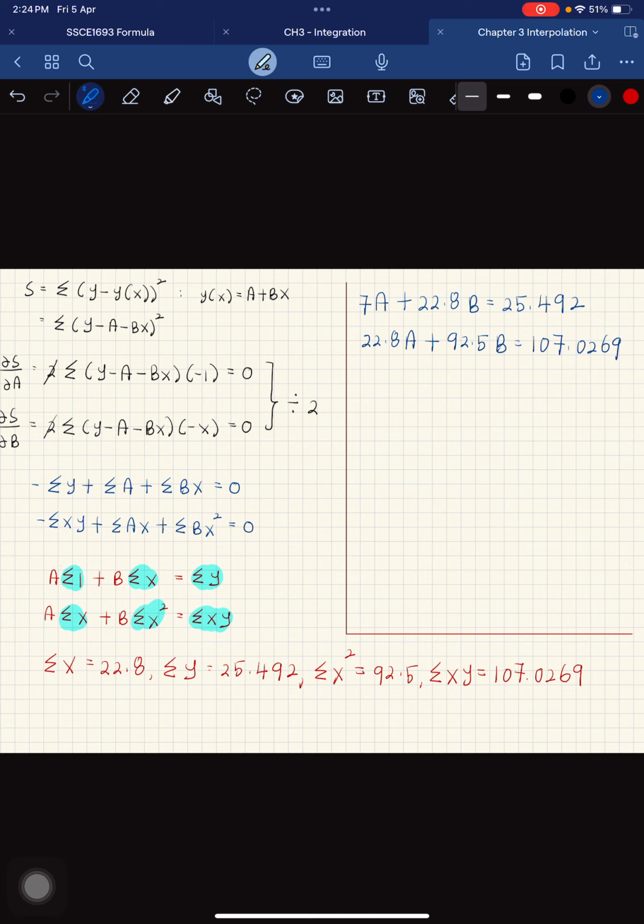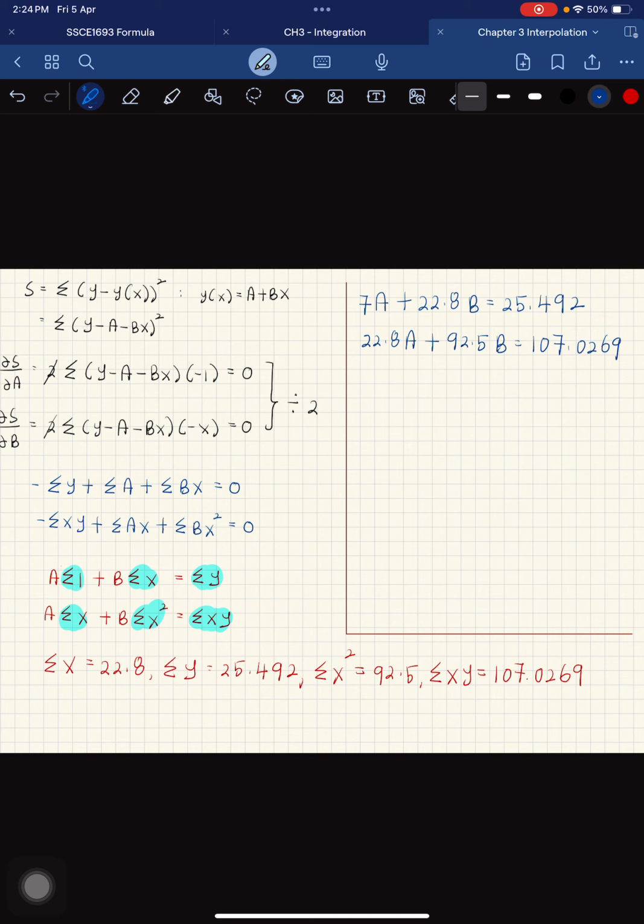So you press mode and then you find the value of a and b. You press mode until you find the equation option, because we want to find a and b. So a and b, we have two unknowns.